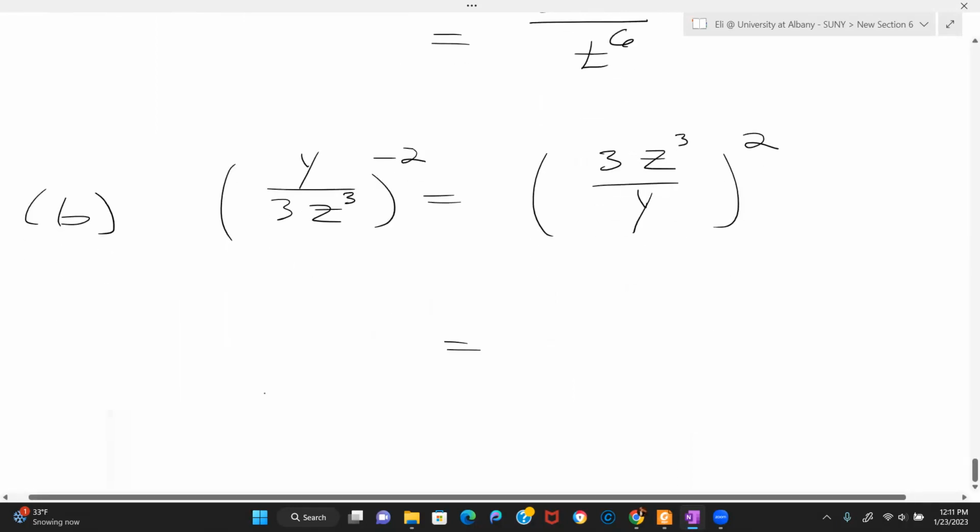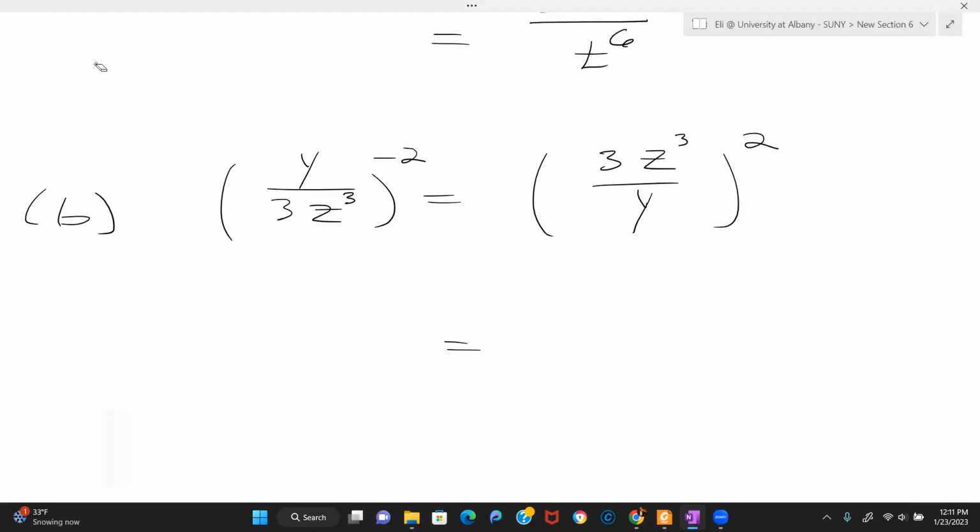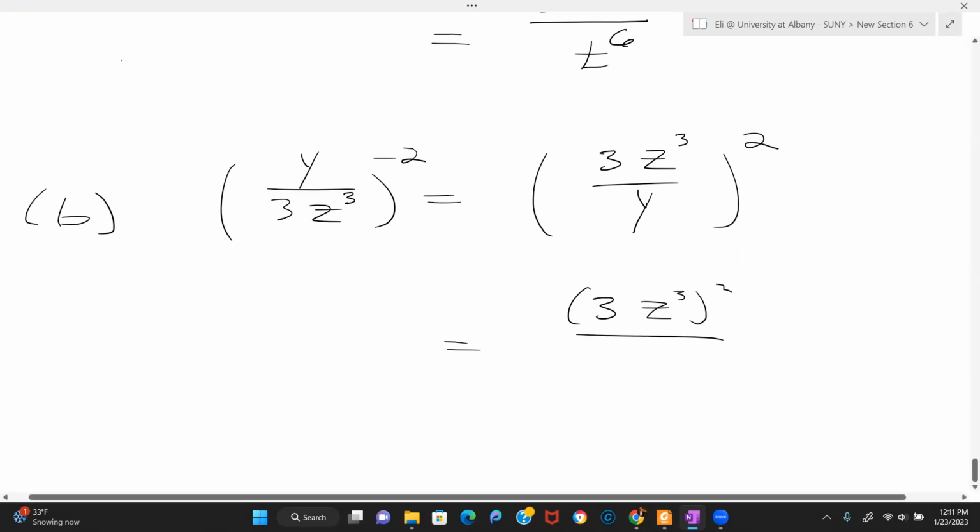It's going to be 3z cubed over y squared. So we did that, and now we have this fraction to the second power, so we raise the numerator and the denominator to the second power. Let me break it up into steps, just because there's a lot going on, and some people might need some steps, and that's perfectly fine. So it's going to be 3z cubed, squared, and then the denominator is going to be y squared.